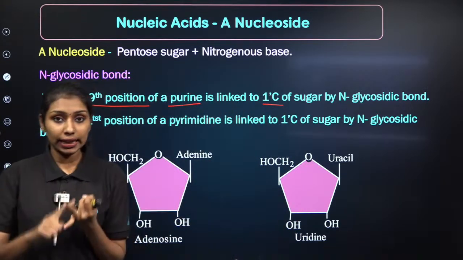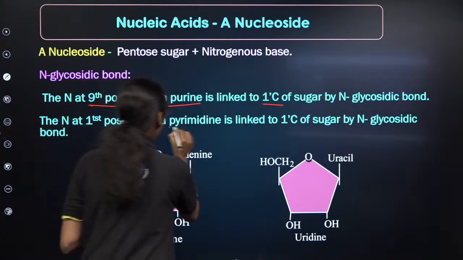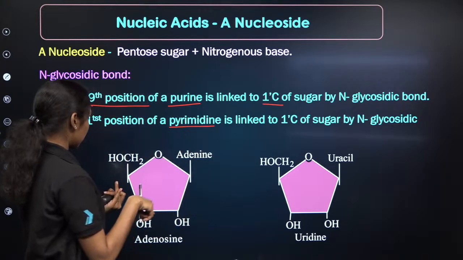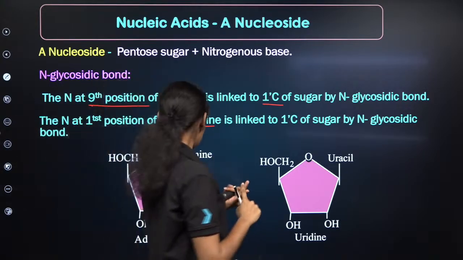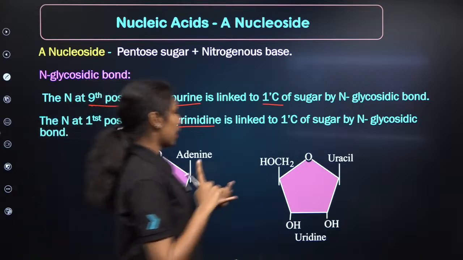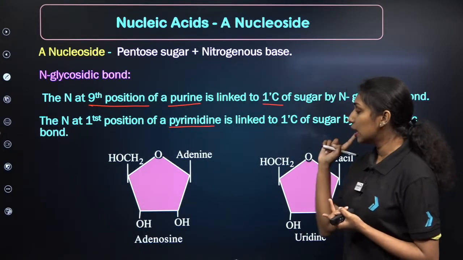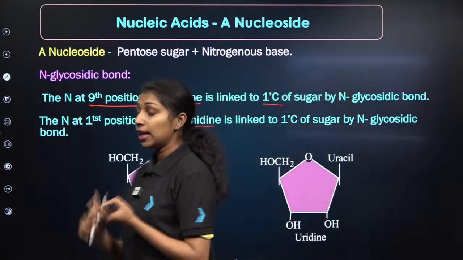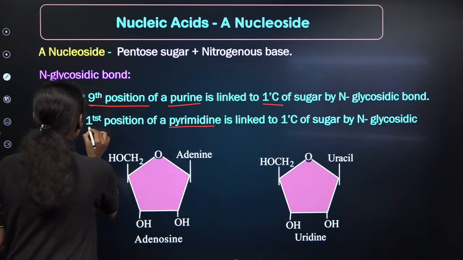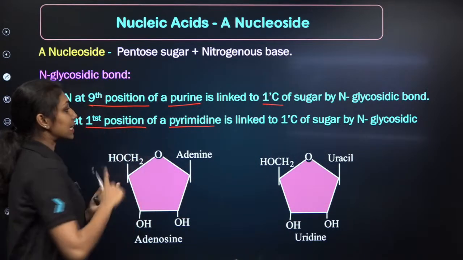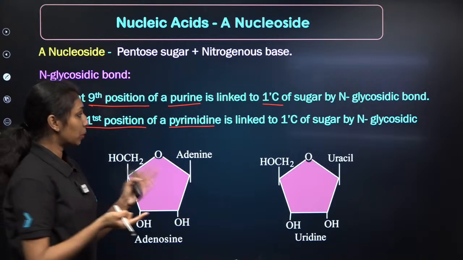Then, if you are taking the pyrimidine bases, like thymine, uracil or cytosine, we can say that the nitrogen at the first position of a pyrimidine is linked to the first carbon atom of the sugar moiety.